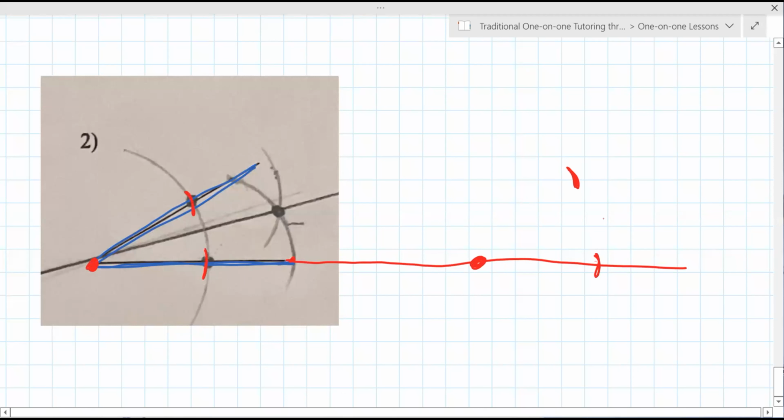You would copy those, and then you come back to this point here that I'm dotting, and you'd swing another arc there, and you would get that second line for the angle, the ray in this case, to look the same.